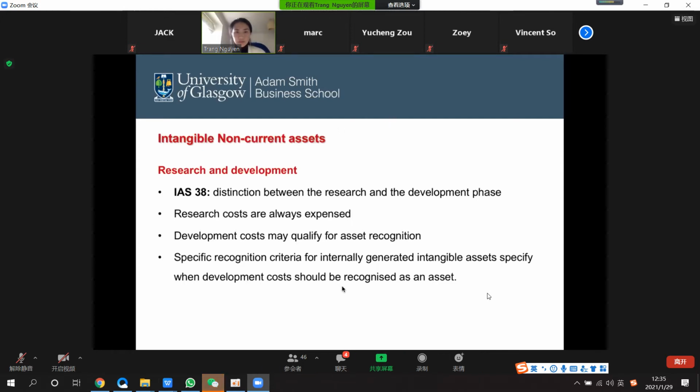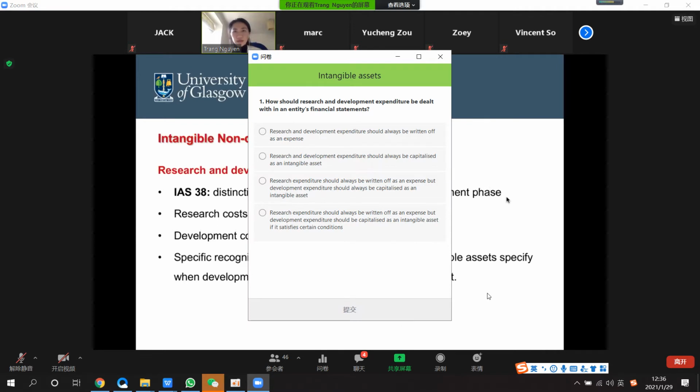Now we will revise a little bit about intangible assets before we move on, especially about research and development. I will launch a poll and you will start to read and do it. So how should research and development expenditure be dealt with in an entity's financial statement?